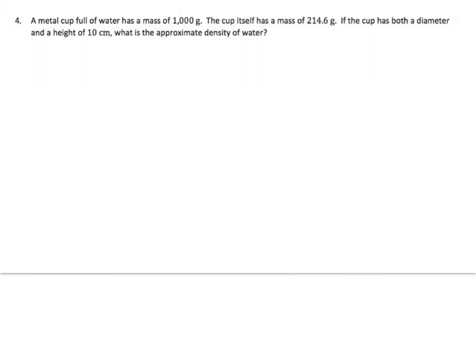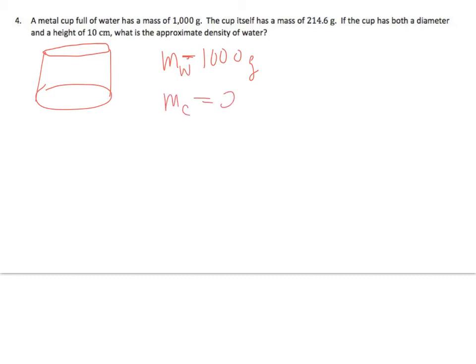Right, a metal cup full of water has a mass of 1,000 grams. The cup itself, this is the mass of the water, the cup itself has a mass of 214.6 grams. If the cup has both a diameter and a height of 10 centimeters, what is the approximate density of the water?